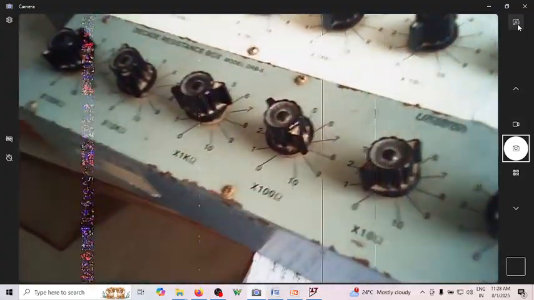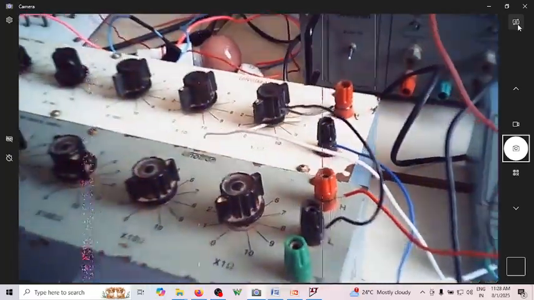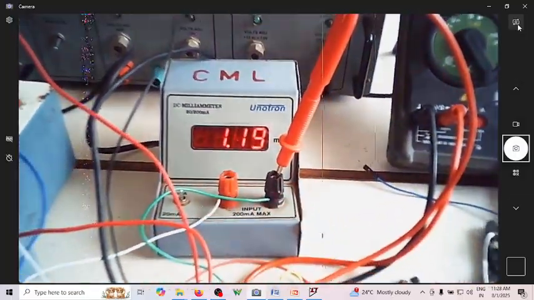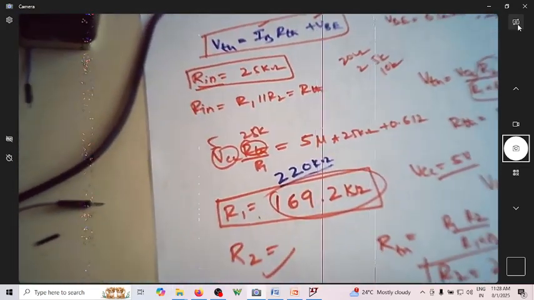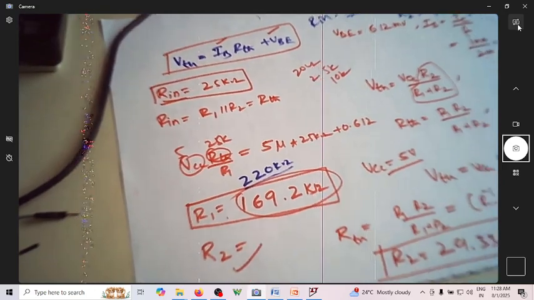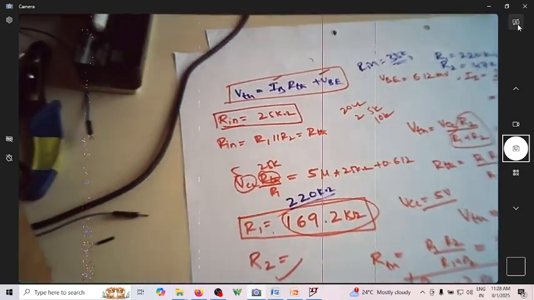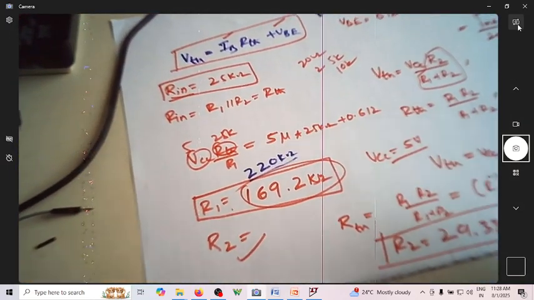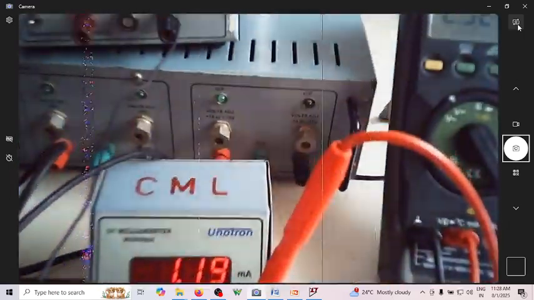So even without using DRBs, I can replace this and put a 220 kilo ohm and a 47 kilo ohm, I'll get the same current, I'll get the same design. So this way, no need to always hang on to the DRB values. Once you get a range of values, then you can slightly vary the resistances to the nearest possible standard value, and you can still get the design that is desired.